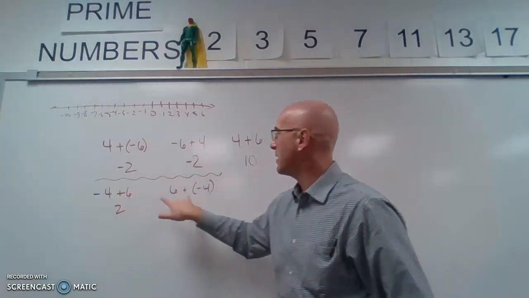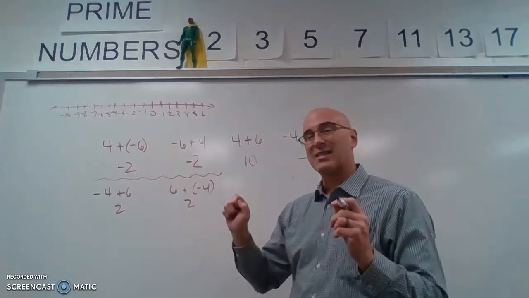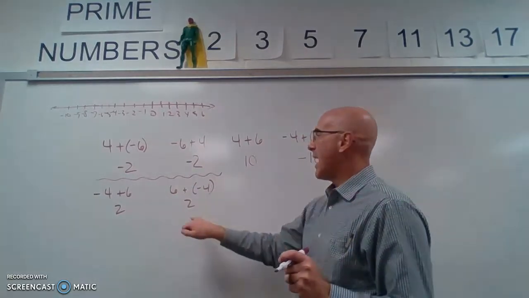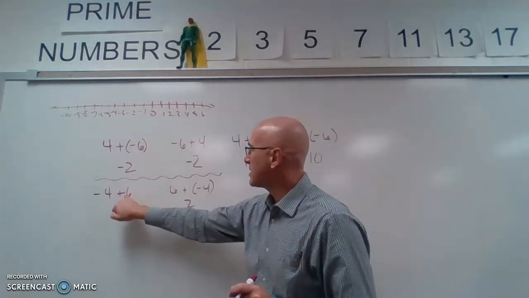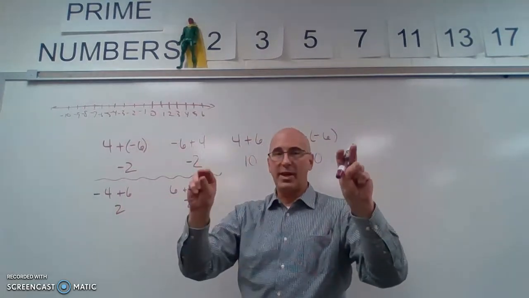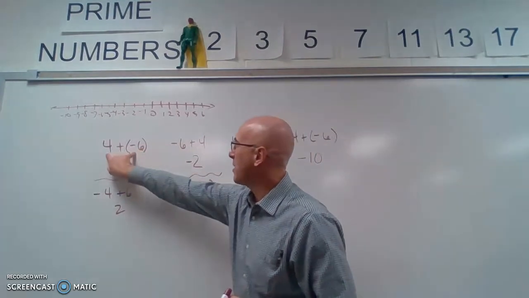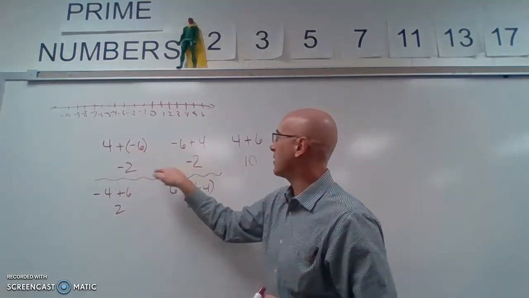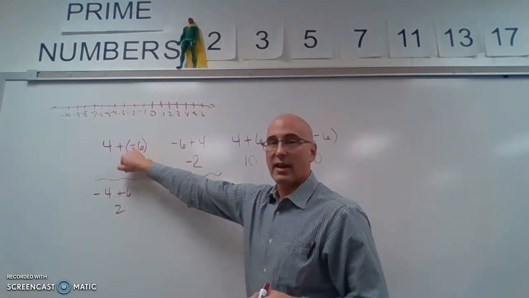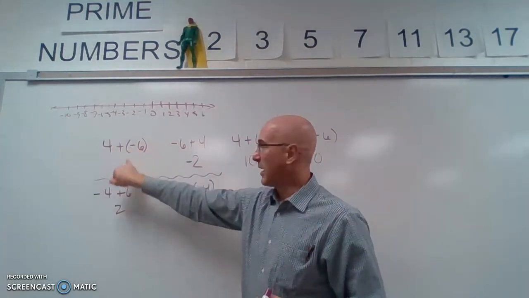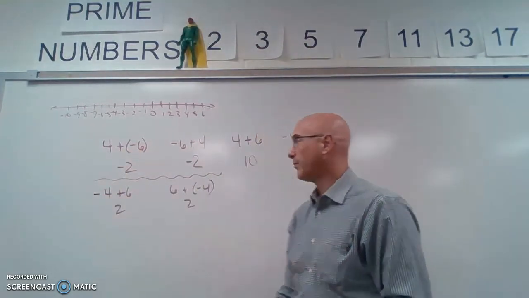So my signs are different. I subtract those 2 numbers and I keep the sign of the bigger number. So here I subtracted the 6 and the 4, I got a 2. The bigger number has the negative, so I keep the negative.